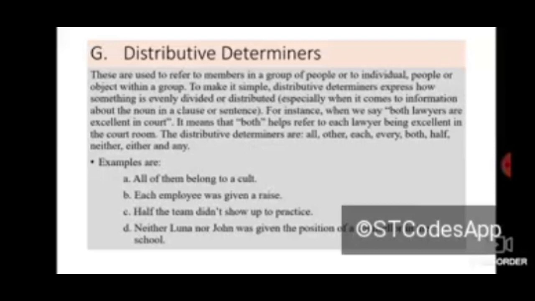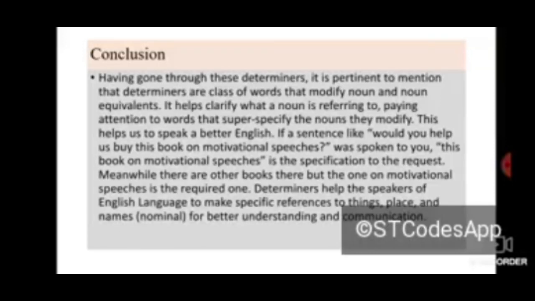Each employee was given a raise. You can see each, this one is making specification, but it's still a distributive determinant. Half of the team didn't show up to practice. Half, the half of the team itself. Okay, so those are the examples.